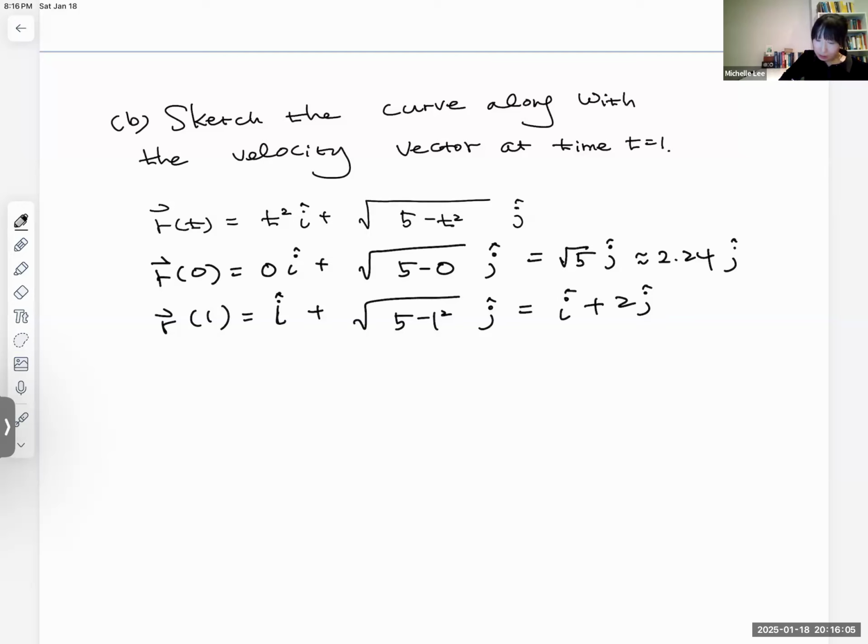Okay, how about r of 2? So we have 2 squared i hat, plus square root of 5 minus 2 squared, j hat. That will be 4 i hat plus j hat. Okay.